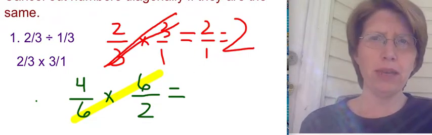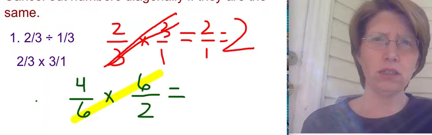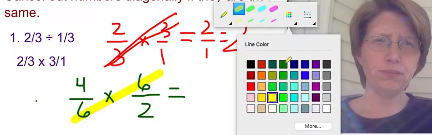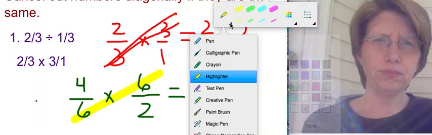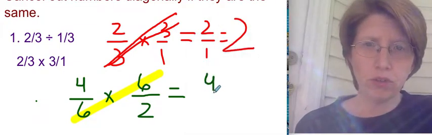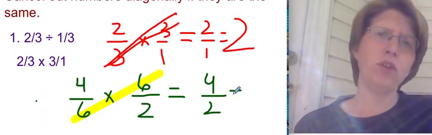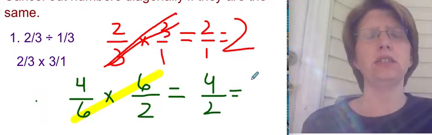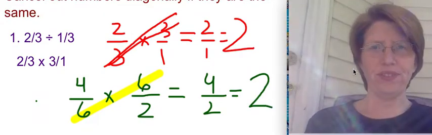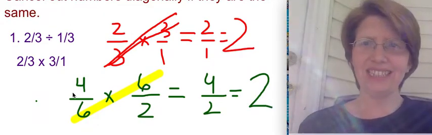Oh, I want my pen back. Okay, I'm going to bring over 4 over 2, and let's fix that. 4 over 2 is the same as 2, 4 divided by 2. Are you getting it?